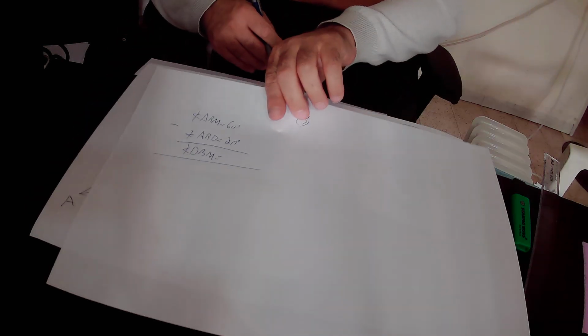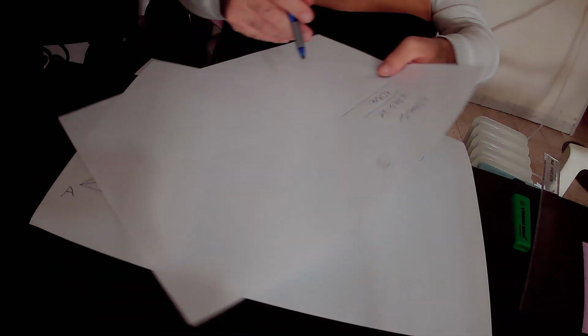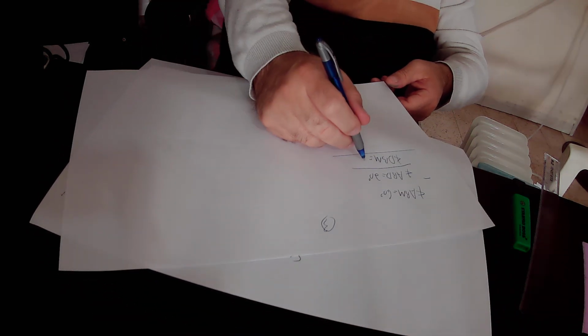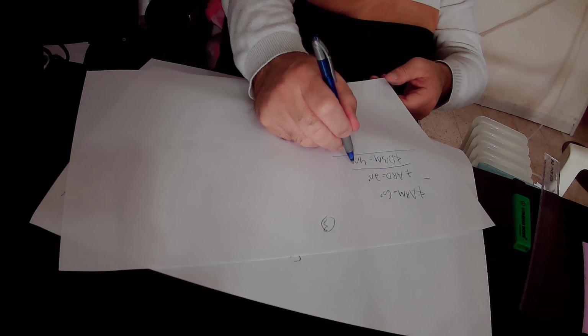The big angle ABM that is equal to 60 degrees minus the small angle ABD that is equal to 20 degrees must be equal to the missing angle DBM. So the big angle equals 60 degrees, the small angle equals 20 degrees, therefore 60 minus 20 is 40 degrees. So the missing angle DBM equals 40 degrees in its size.